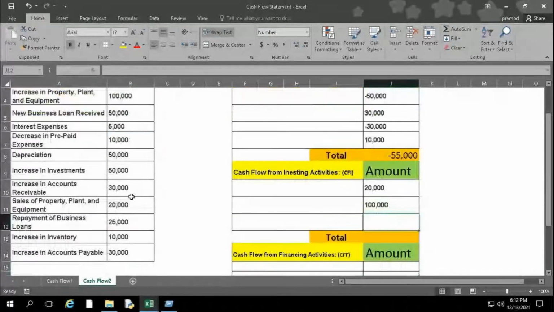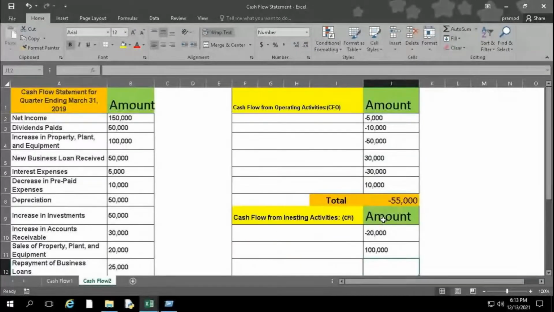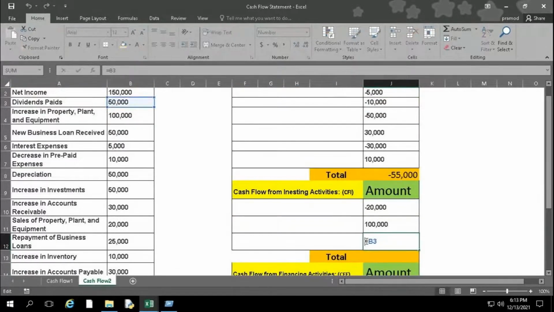Yes, minus 55,000 I got now, sir. Increase in investments 50,000. 2 lakhs is the amount, sir.